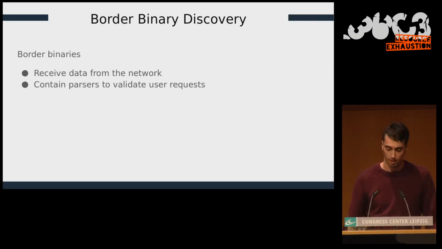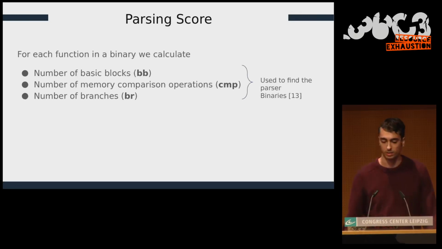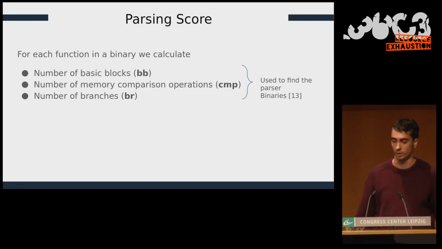data. To find parsers, we rely on related work, which uses a few metrics and defines through a number the likelihood for a function to contain parsing capabilities. The metrics that we used are the number of basic blocks, number of memory comparison operations, and number of branches.